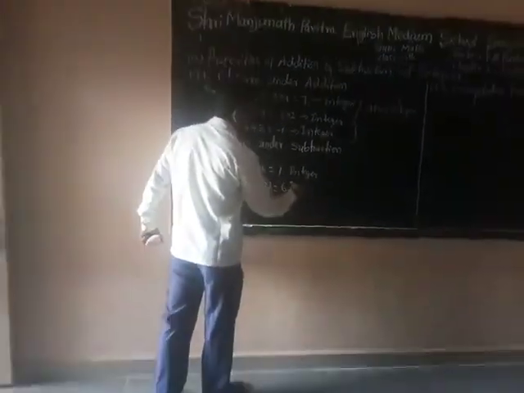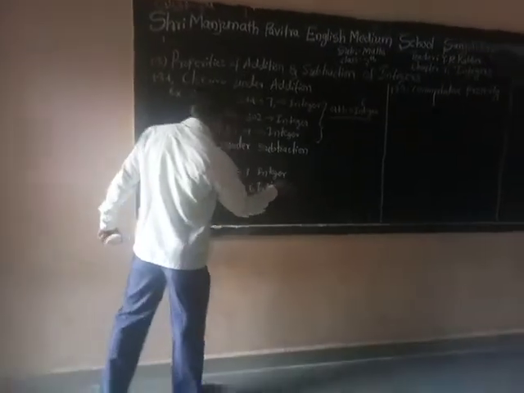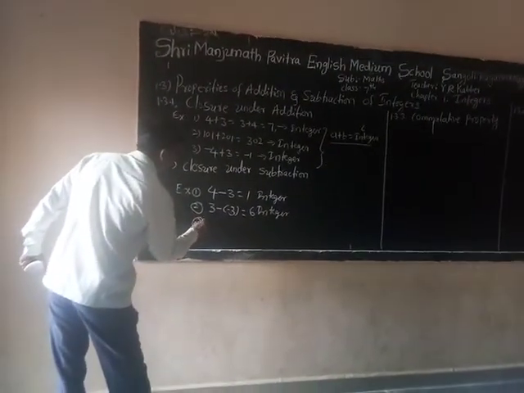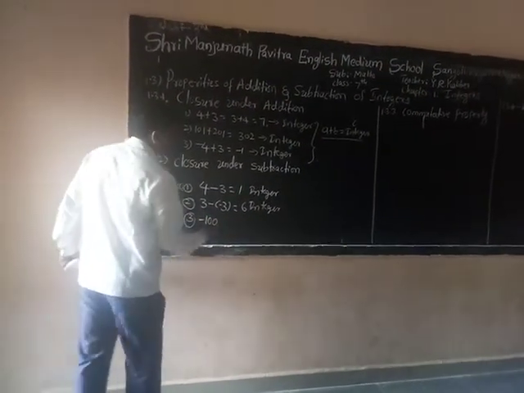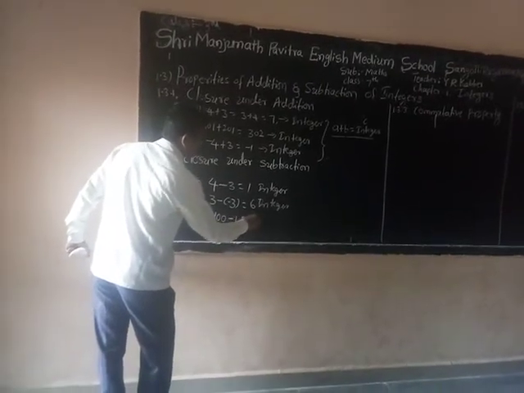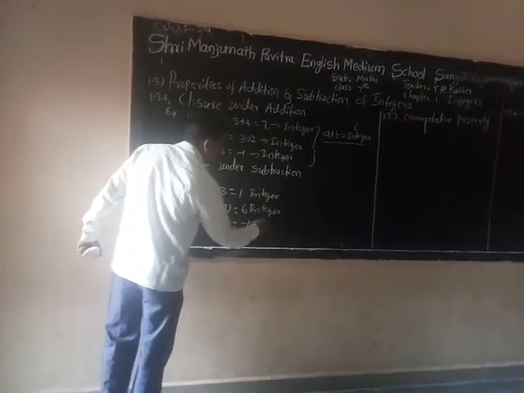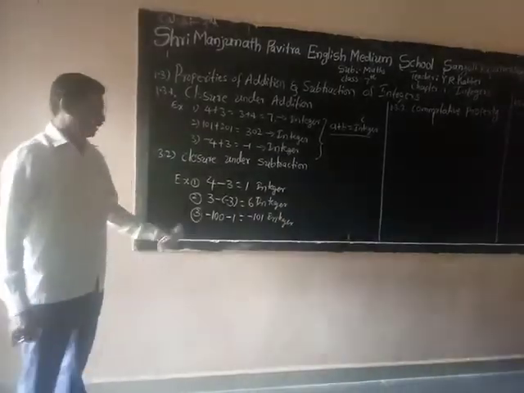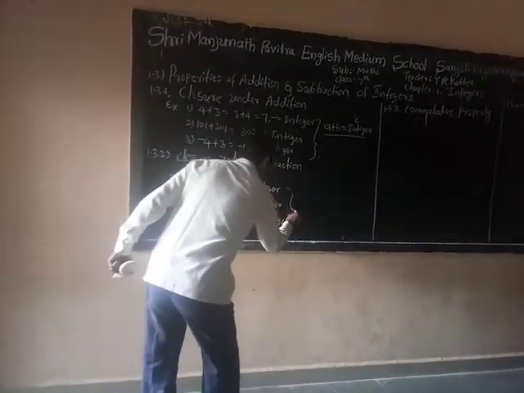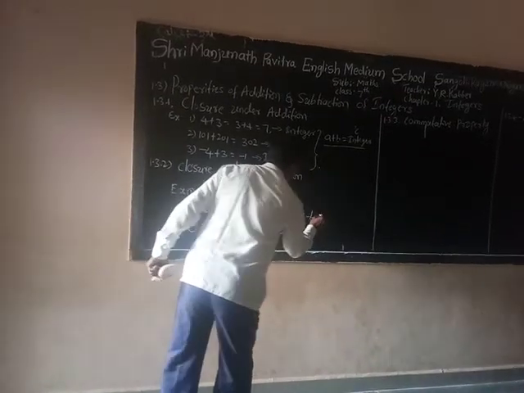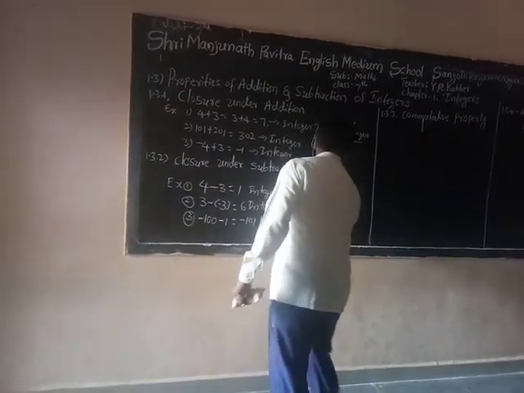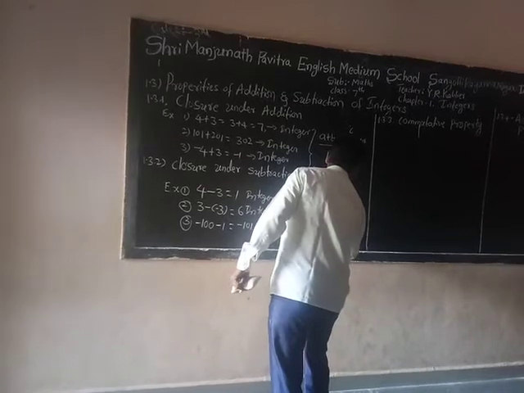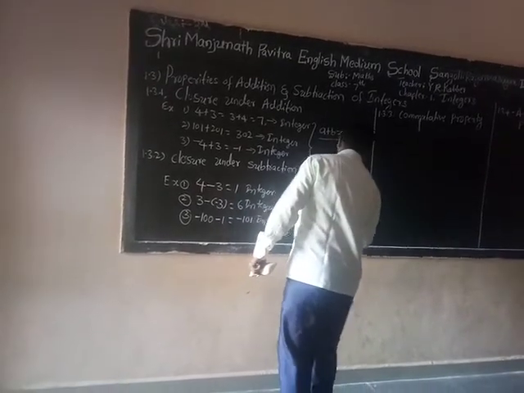This is also an integer. Next one, minus 100 minus 1 we get minus 101. This is also an integer. Do you understand? One conclusion we get: a minus b gives c. This is also known as an integer.